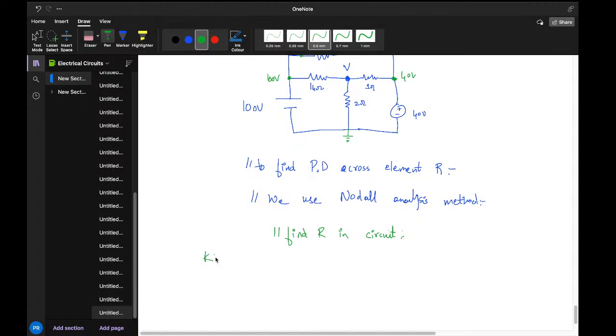Let's apply Kirchhoff voltage law. Now we get (V minus 100) divided by 14 ohms, plus V divided by 2 ohms, plus (V minus 40) divided by 1 ohm is equal to 0.